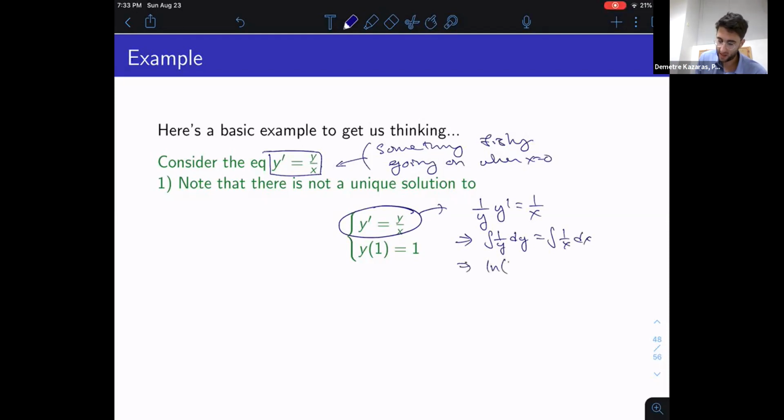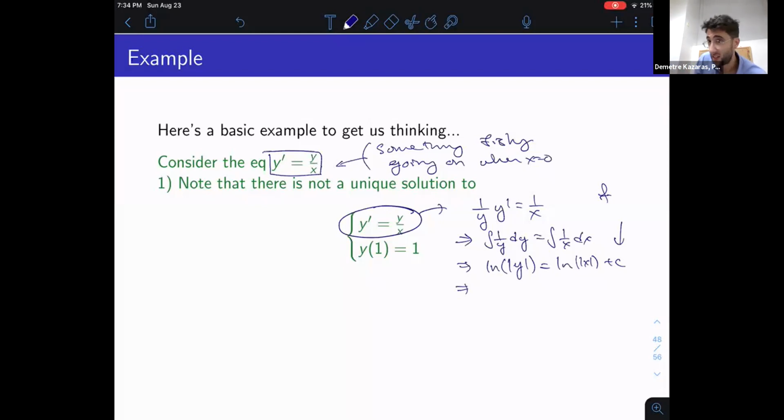So we get natural log of absolute value of y is equal to natural log of absolute value of x plus some constant, or any constant. We're going to have to pay attention here because this is a delicate issue that we're trying to investigate. So let's be careful with the absolute value signs in our thinking here.